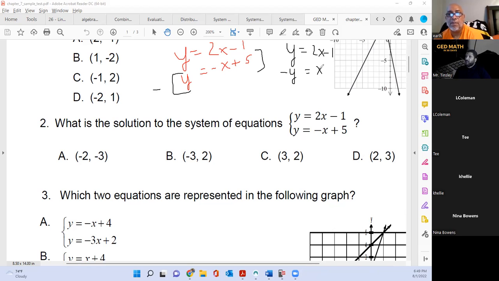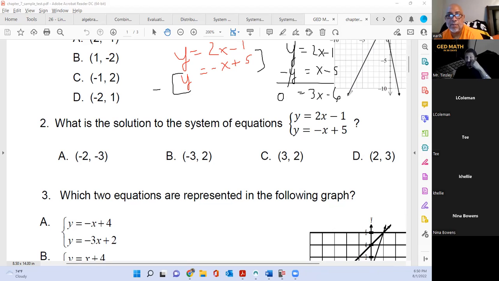And the opposite of plus 5? Negative 5. What happens to the two y's? They cancel out. What's 2x plus x? 3x. And what's minus 1 minus 5? Minus 6.